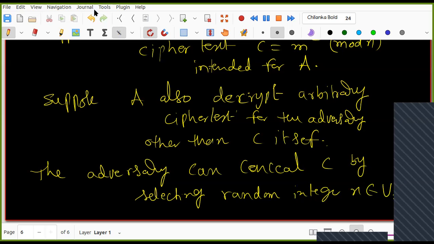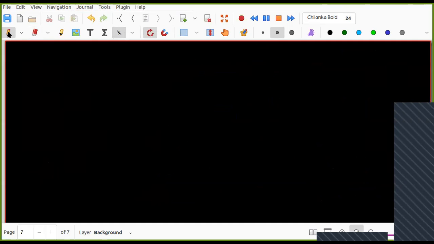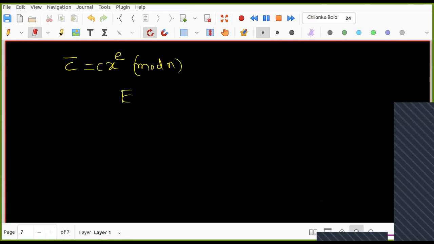By selecting x in Un, he computes C bar equal to C times x power e mod n. Now E gives C bar to A to decrypt.